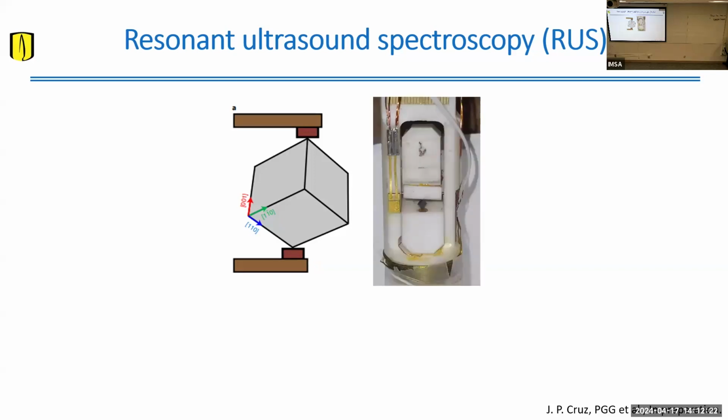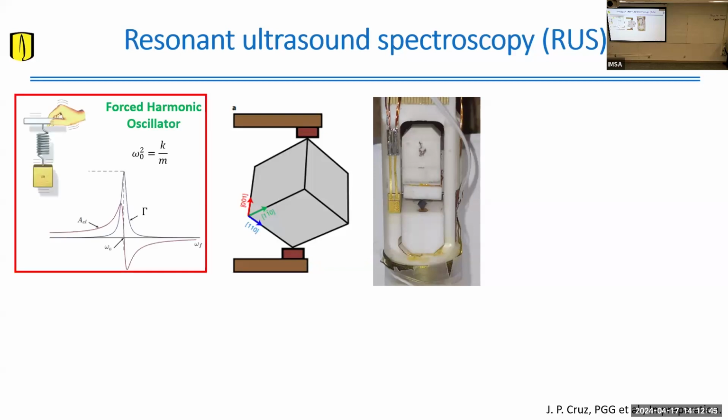Let me first explain how this technique works. You have a sample that you put in between two transducers, and you create a harmonic perturbation in one transducer and measure in the other one. This is how the real thing looks, and these are our beautiful millimeter size samples. So it can be challenging to measure.